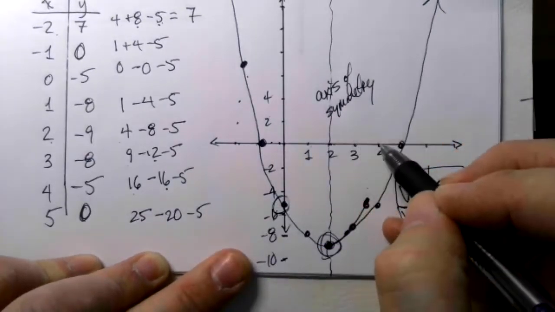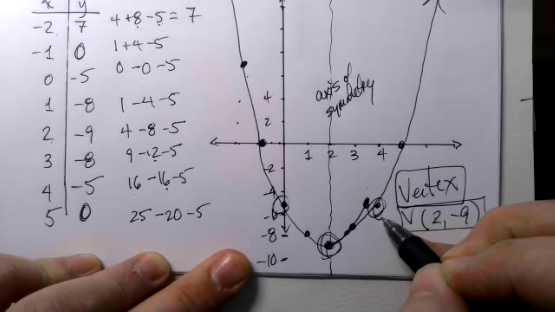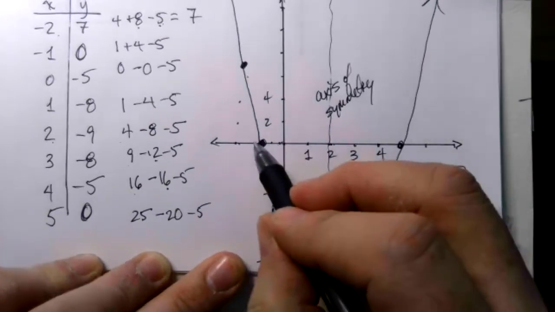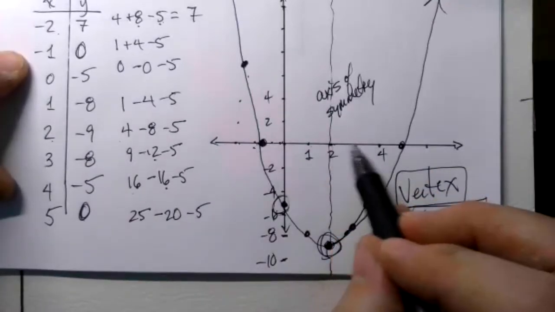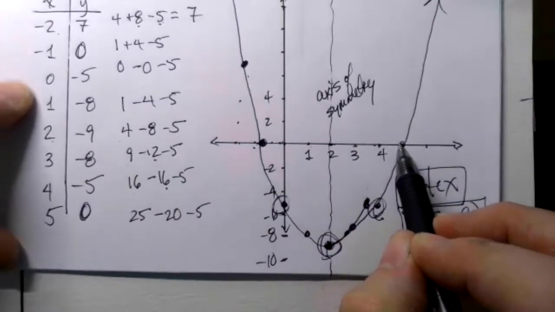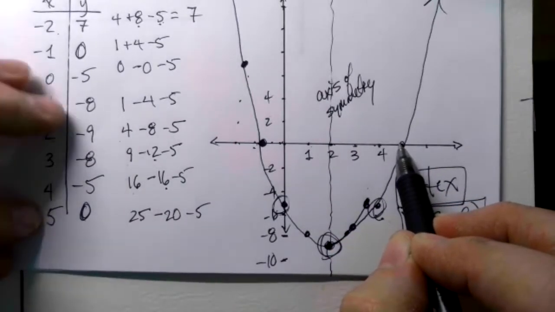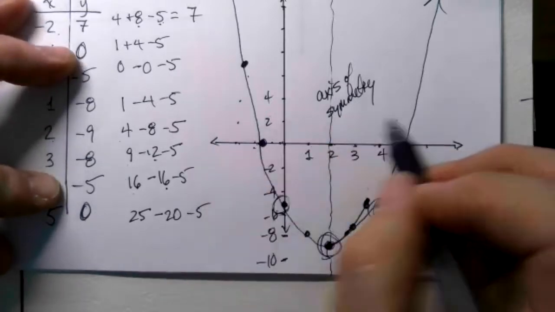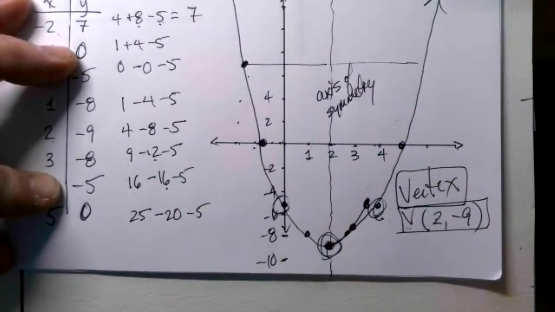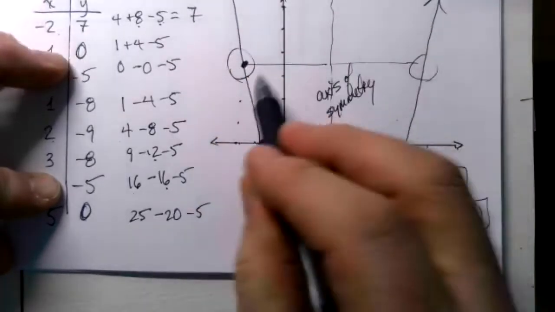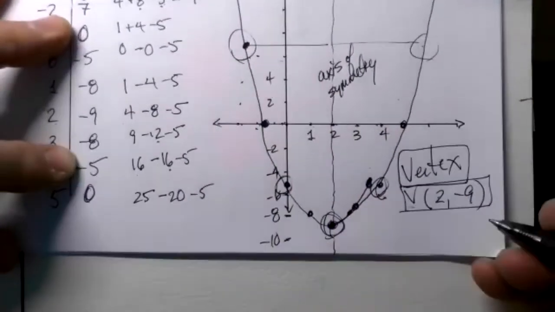If I go 2 to the right, my y value is -5. If I go 3 to the left from the 2, my y value was 0. If I go 3 to the right, my y value is also 0. So if I go equally left and right, the y values will be the same on the left and right side.